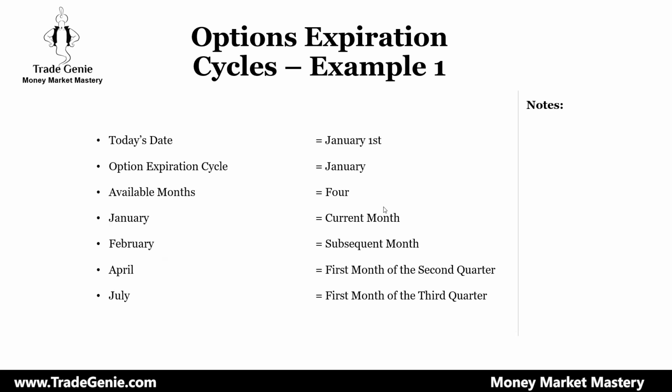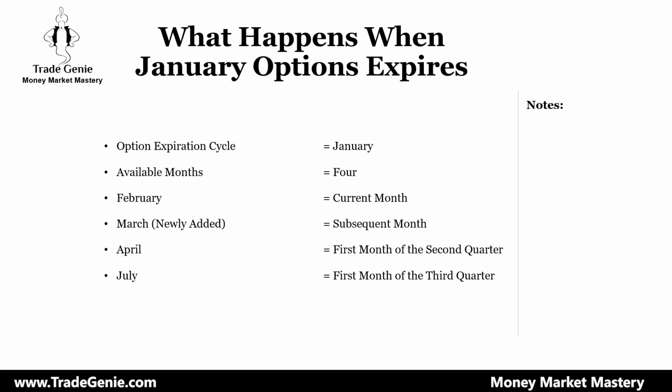So ask yourself, what will happen when the January option expires? Because it's assigned a January cycle, and we know we need to have 4 months, a current month and a subsequent month.